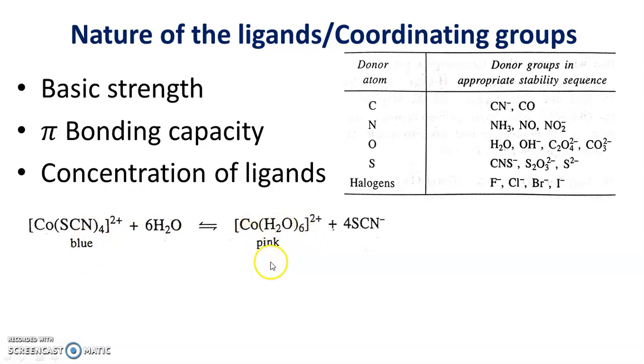Hexaaquacobalt 2+ complex is pink colored. So as the concentration of thiocyanate decreases or the concentration of water increases, the thiocyanate complex becomes the aqua complex.